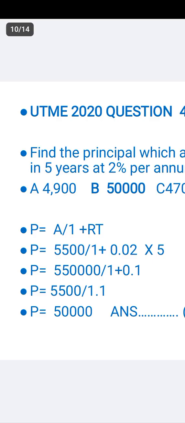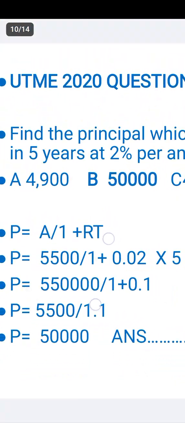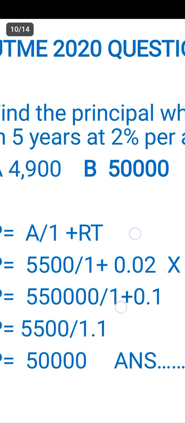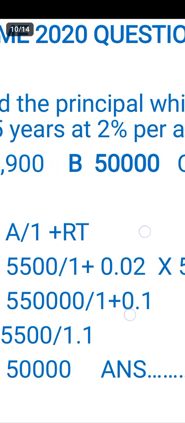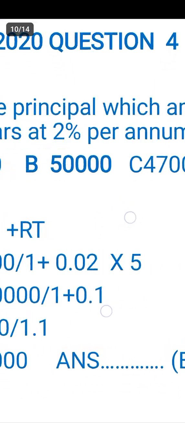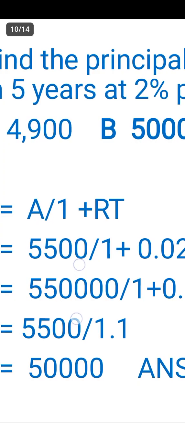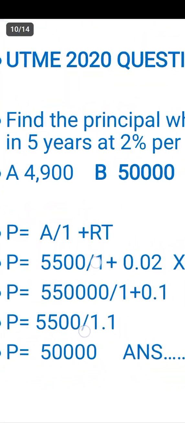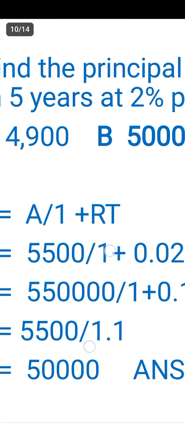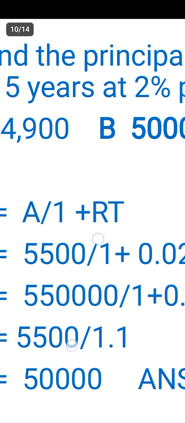It becomes P is equal to 5,500 over 1 plus 0.02 times what? 5. Yes, there is a typographical error in this place. P is equal to 5,500, not 5 million, or not 550,000.